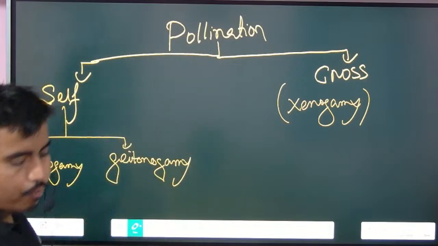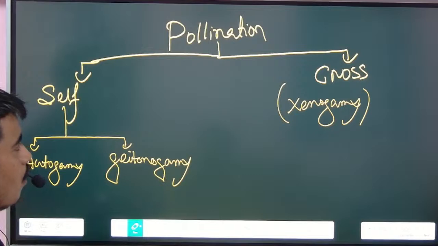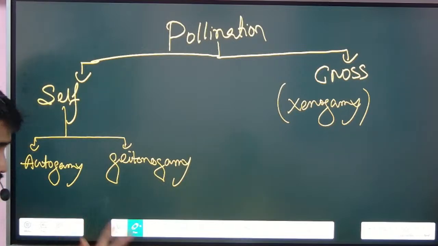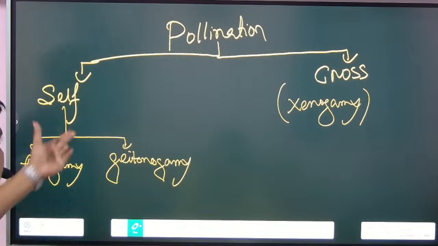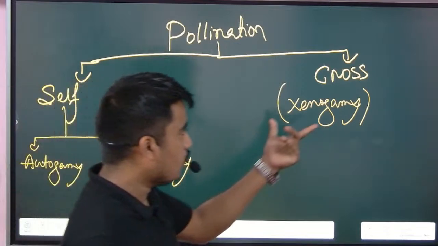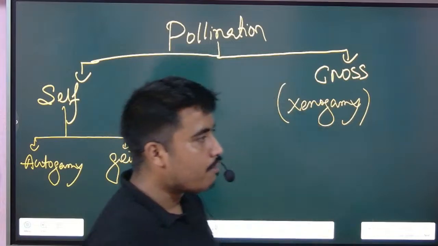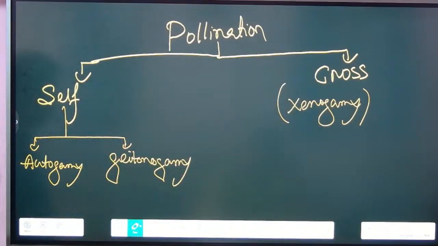Self pollination is pollination within the same flower, or not the same flower, but within the same plant. If pollination is within the same plant, that is called self pollination. If pollination is between different plants, that is called xenogamy, also called cross pollination. Now self pollination is divided into two forms.